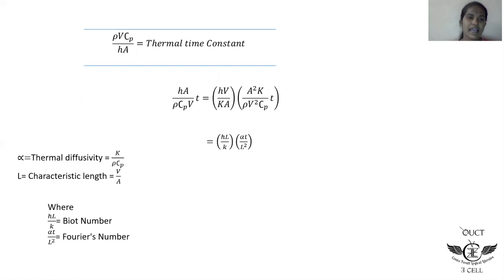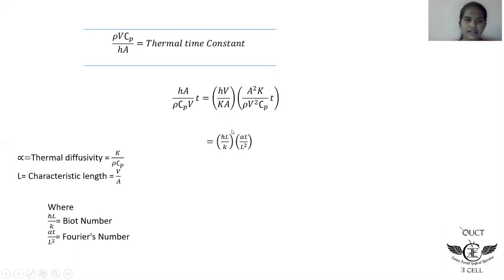The exponent hA by rho V Cp is known as the thermal time constant. We rearrange this, hA by rho V Cp times t, equal to h V by k A into A square k by rho V square Cp times t. Separating this formula, we get hL by k times alpha t by L square.